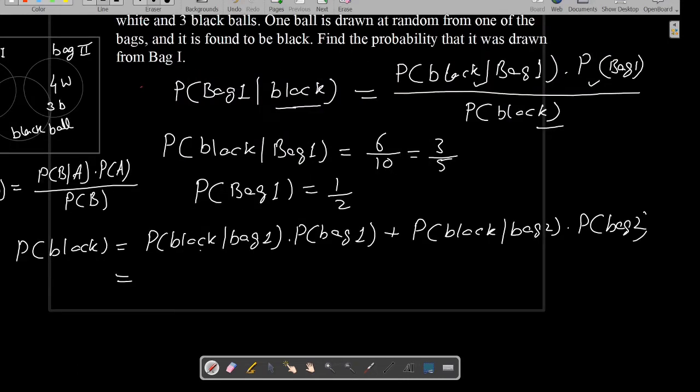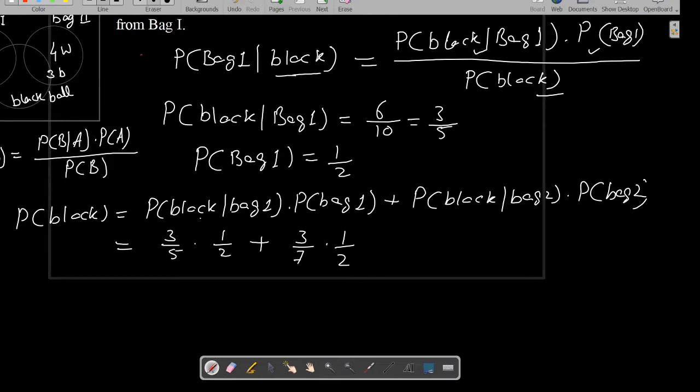So now put these values. P of black given bag 1 is 3 by 5 times P of bag 1 is 1 over 2. P of black given bag 2 is 3 over 7 times P of bag 2 is 1 over 2.